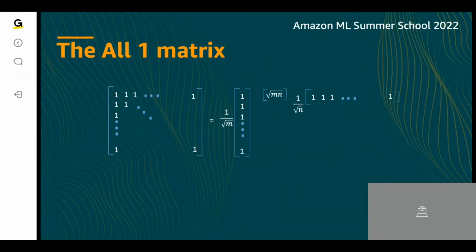In case we had, let's say, an all-one matrix as a toy example, an m cross n all-one matrix, it would get represented as 1 by square root m of a unitary matrix of this type, a single element of square root mn, and 1 by square root n of a unitary matrix transpose.